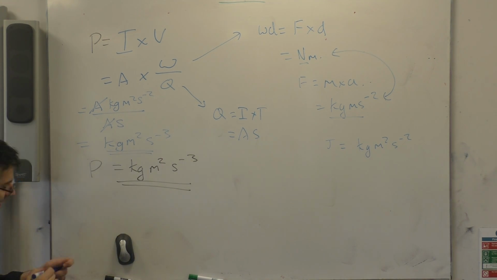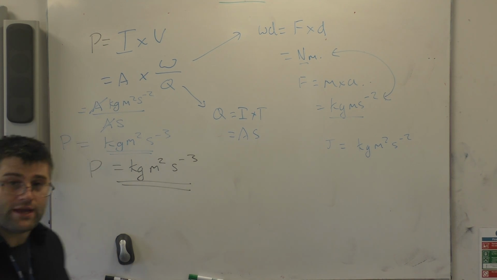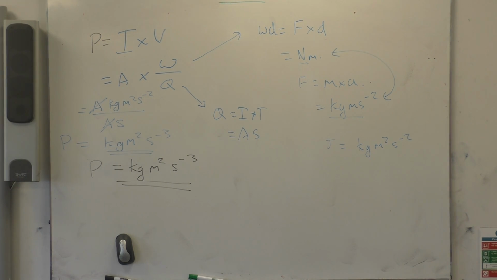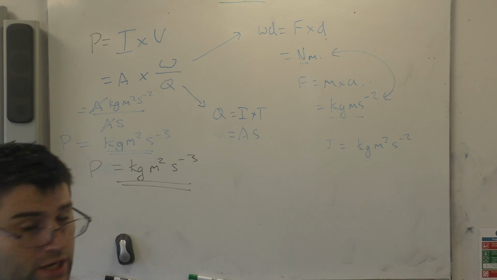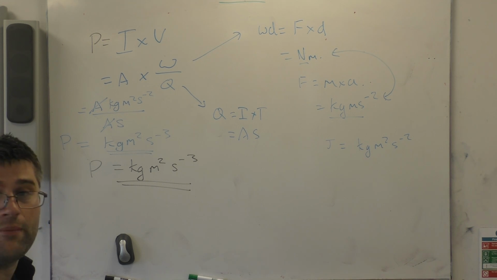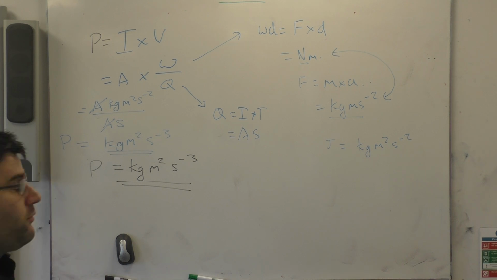Okay, so that actually is quite nicely proving that the power equations from mechanics that we were using, energy per unit time, and the power equation from I times V in circuits has the same base unit, and we are talking about the same value of power here in watts in both cases.